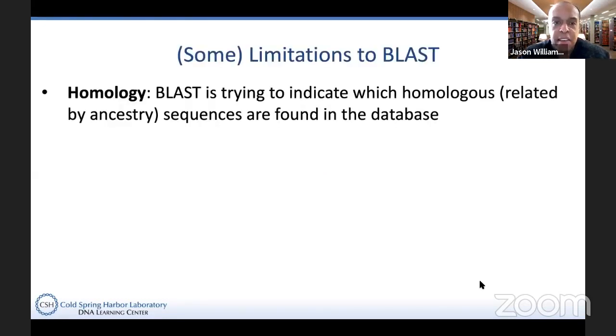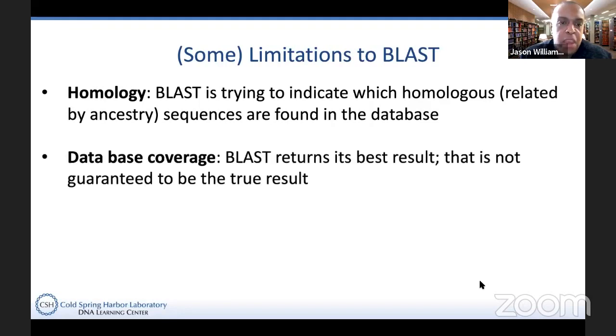But BLAST has some limitations. BLAST is a homology search, a similarity search. And so we assume that species that are in the database are related to what we're putting into the query sequence. If that assumption is true, then when we're searching by homology, we're likely to get something that's good. But BLAST always returns its best result, and that's not guaranteed to be the true result.